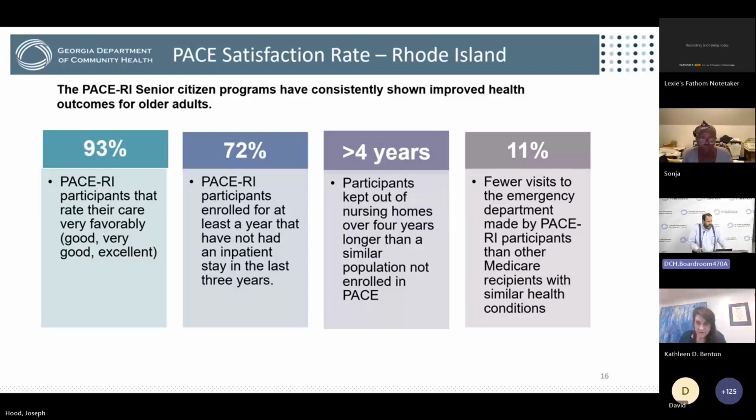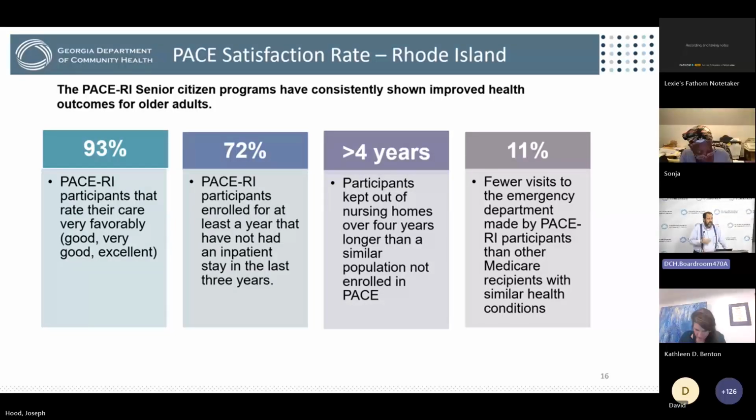This is a satisfaction rate survey and information from Rhode Island, where you can see that 93% of PACE participants rated their care favorably. That's a really high number, especially in Medicaid and the services we deliver. 72% of PACE participants enrolled for at least a year.